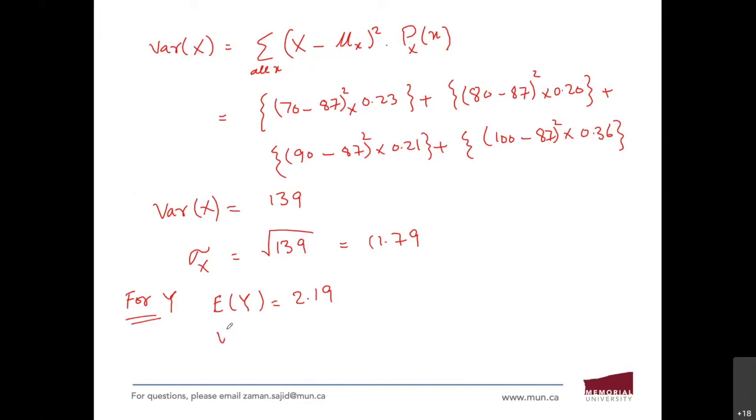Your variance of y will be 0.7139, and your sigma value for y is the square root of this number, 0.7139, which will be 0.845. Folks, I need to go to the next slide, please.